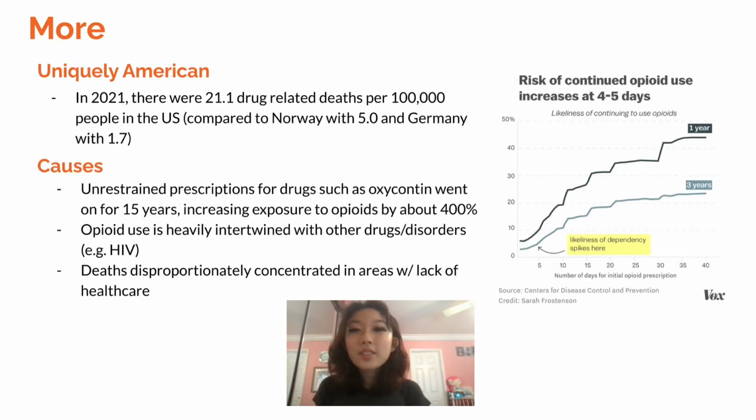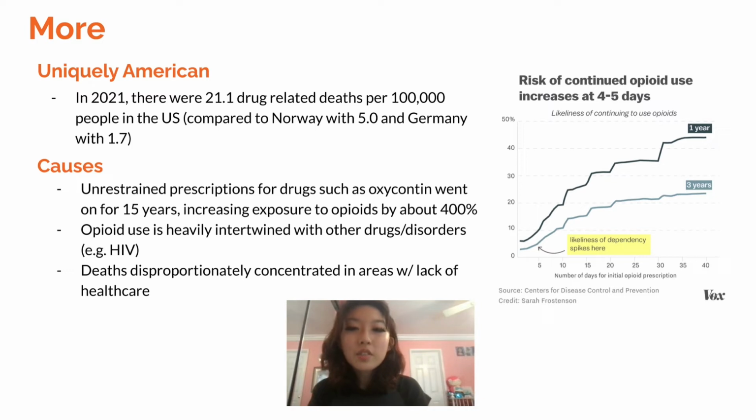So now I'm going to give a few more facts about opioids. In 2021, there were 21.2 drug-related deaths per 100,000 people in the US, compared to Norway with just 5 and Germany with 1.7, making the opioid crisis a crisis that's uniquely American.